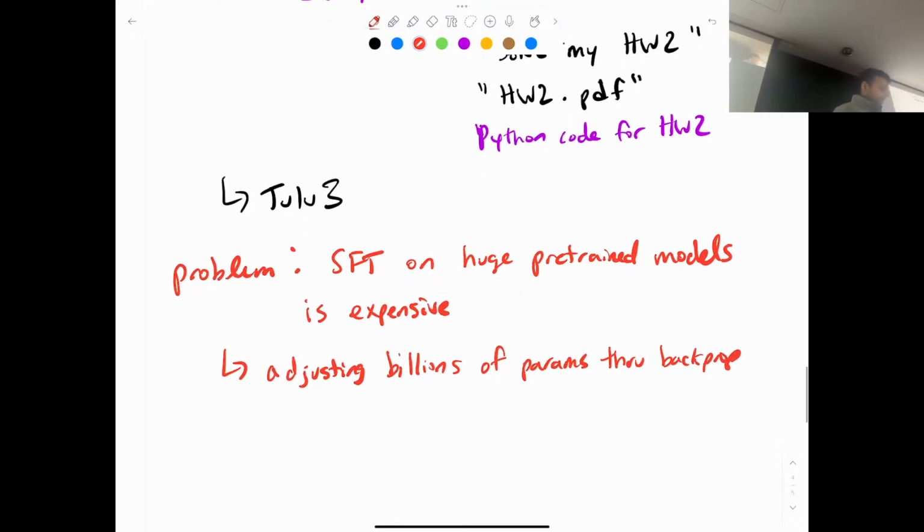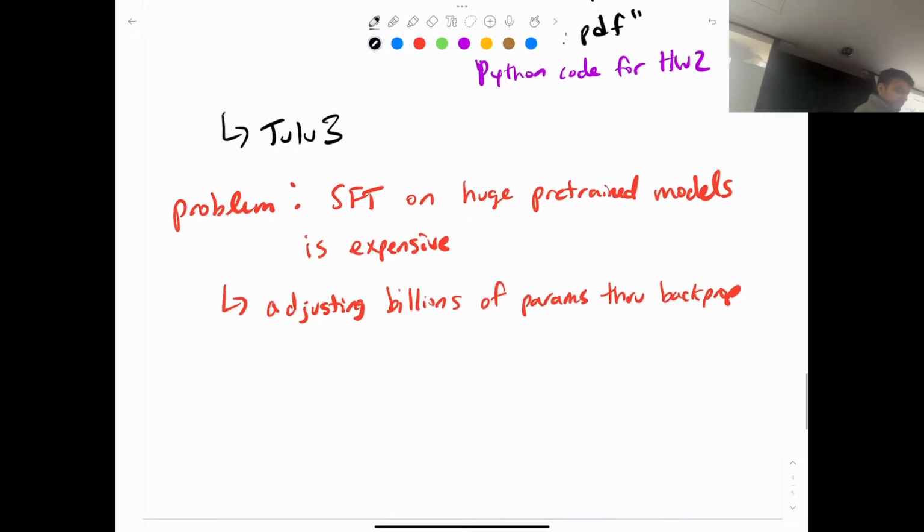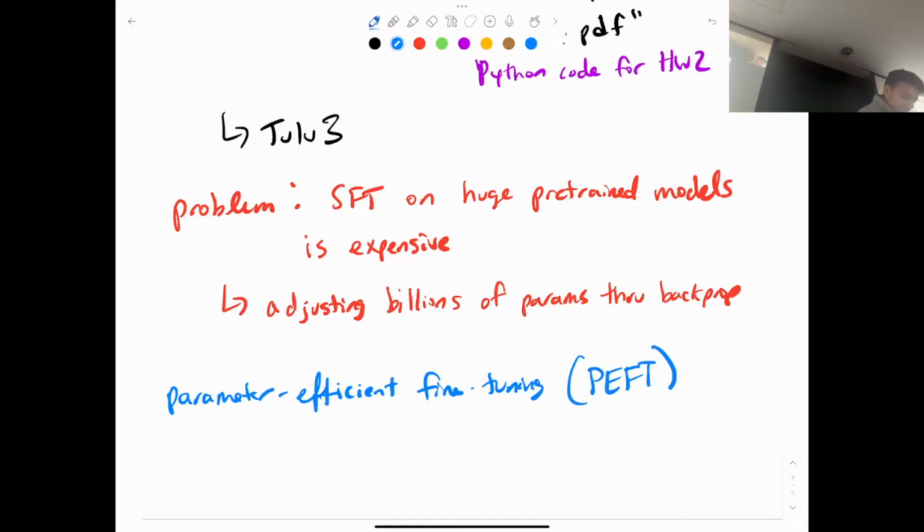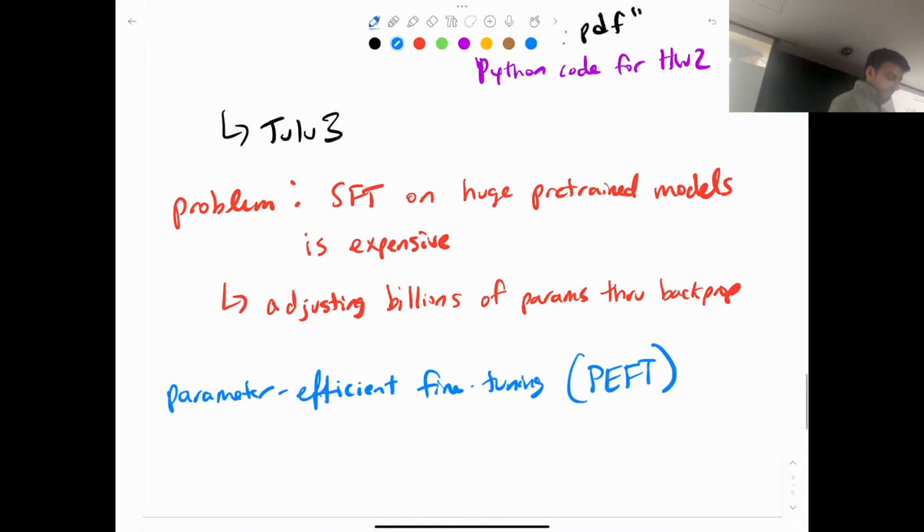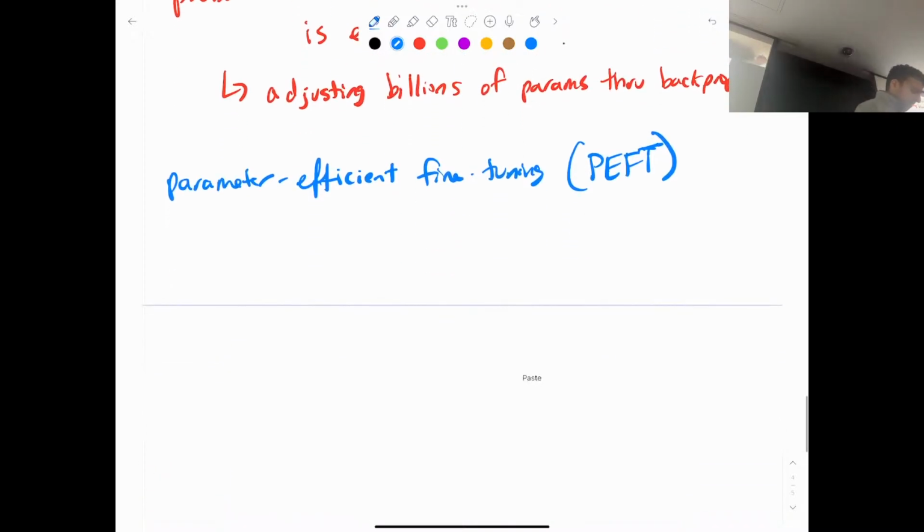So the memory costs are super high. And this motivates this line of work on parameter efficient fine tuning, which we often see abbreviated as PEFT. I have never actually pronounced that, but PEFT, yes.